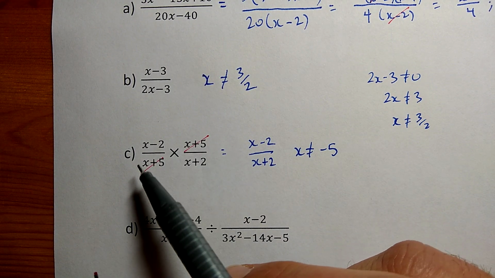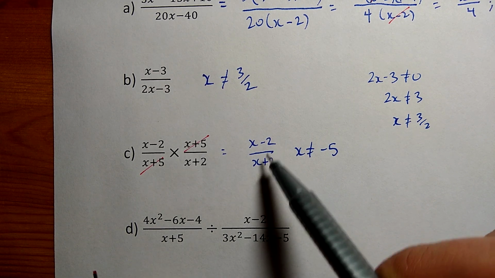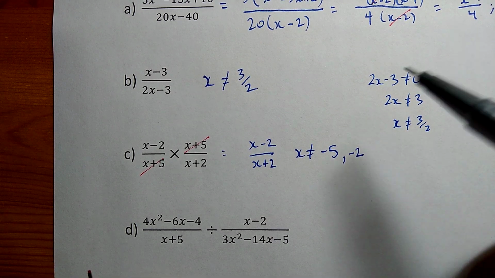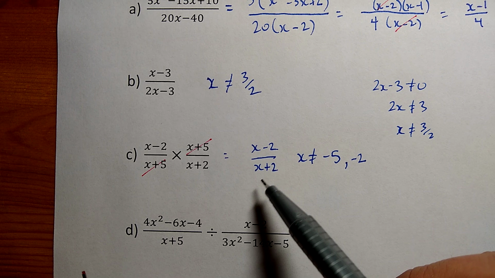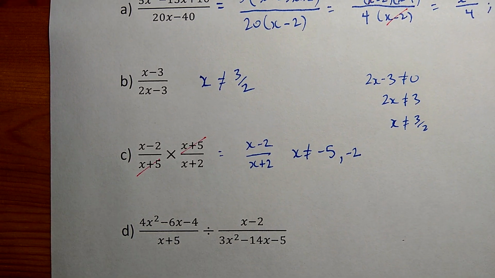Can't be equal to negative 5 because of right there. That can't be negative 5. Now here, I get an additional restriction that x can't be negative 2. It's okay for x to be positive 2. The top can be 0. Just the bottom can't be 0. So these are the 2 restrictions here, and that is the simplified expression with its restrictions.